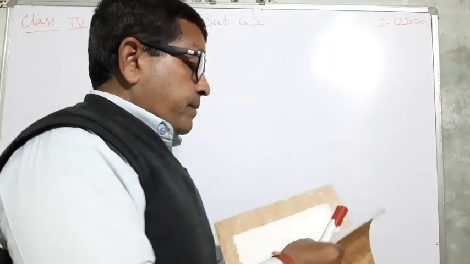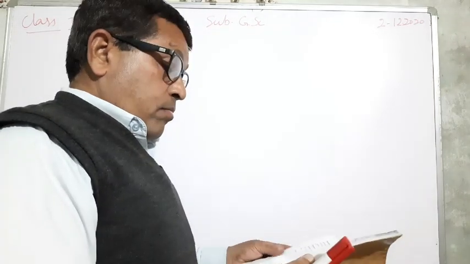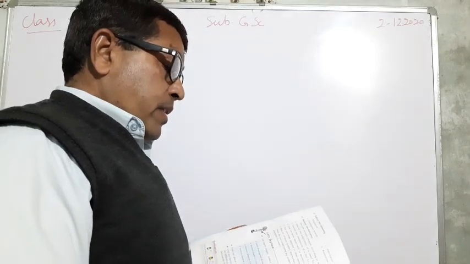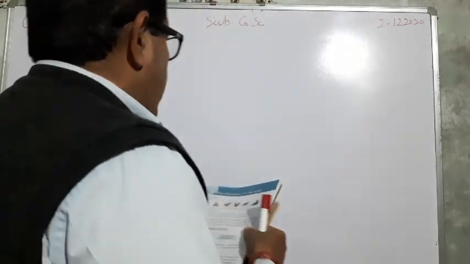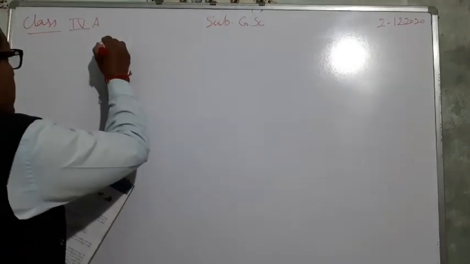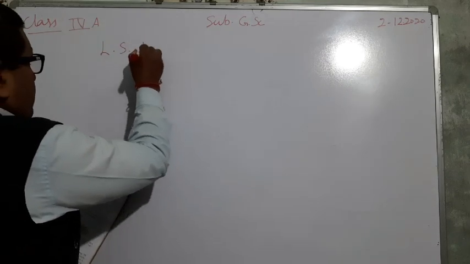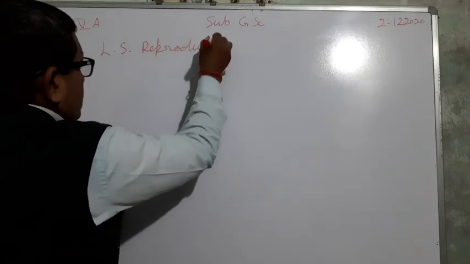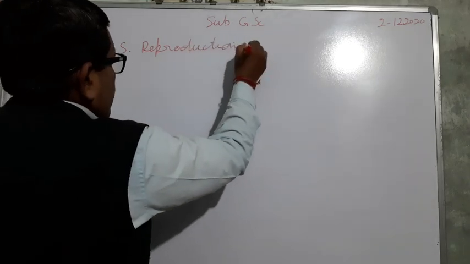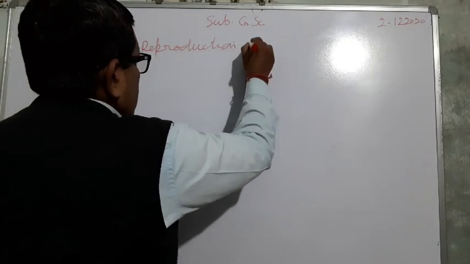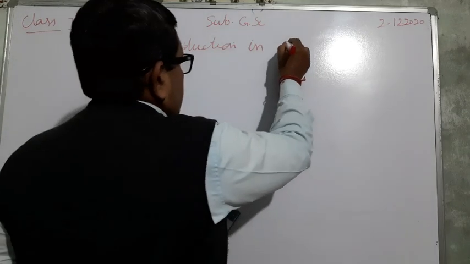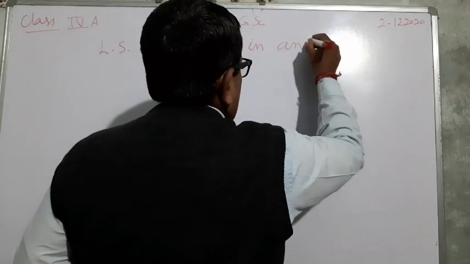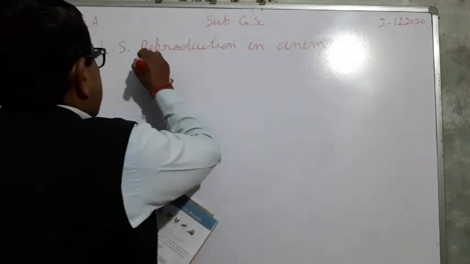So we are studying lesson 5, Reproduction in Animals.